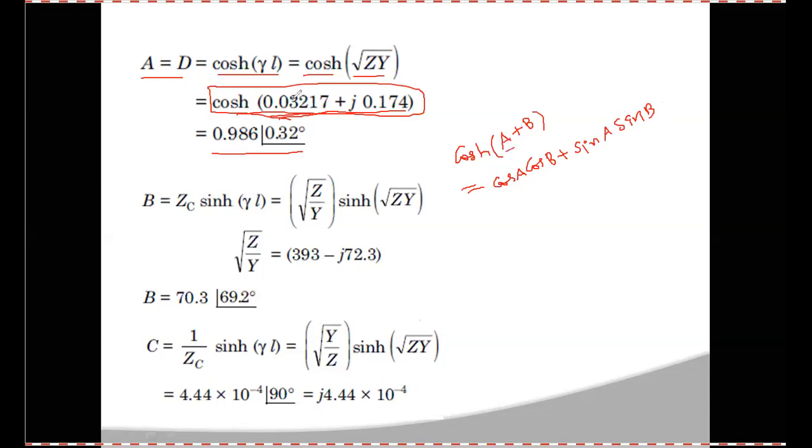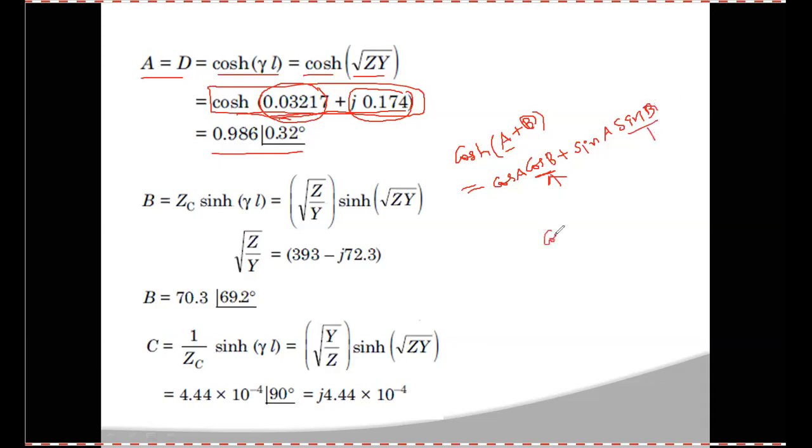Here a is this value, 0.03217, and b is this value, j 0.174. That means a is a real number and b is purely complex, so cosh b involves a complex number.